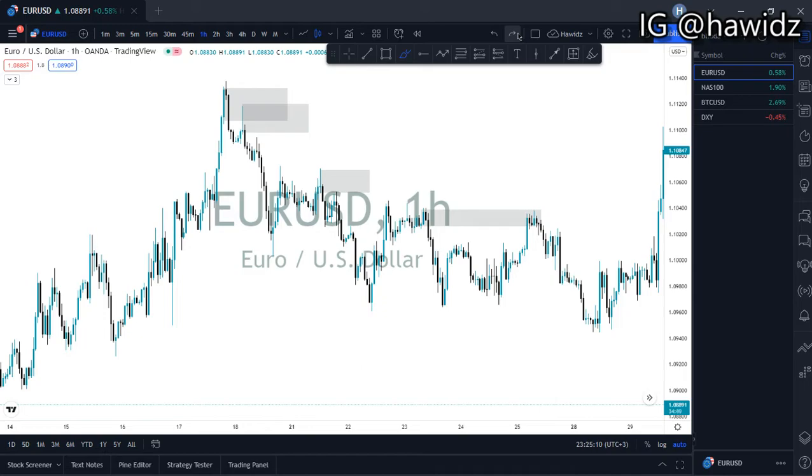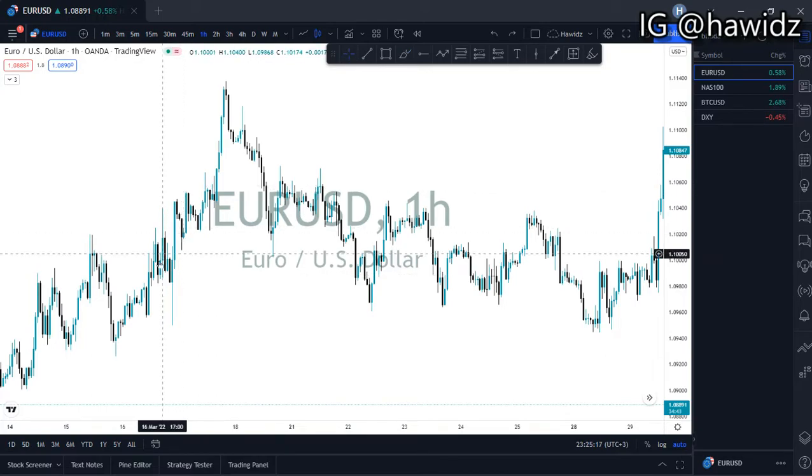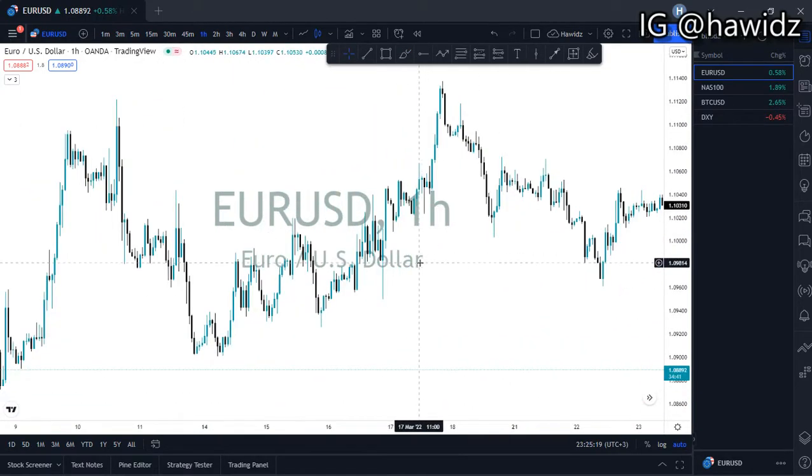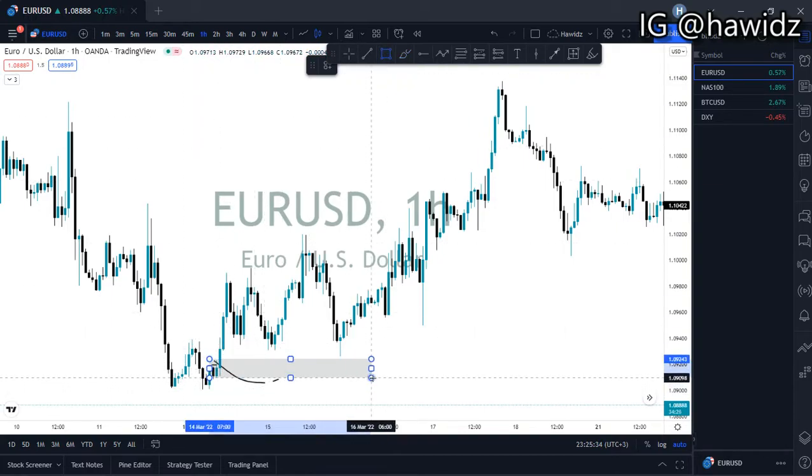The same applies in demand zones. For example, this right here is your last bearish candle. So boom, your last bearish candle, and what?